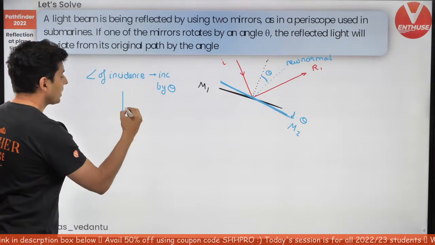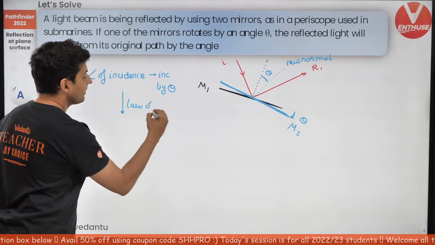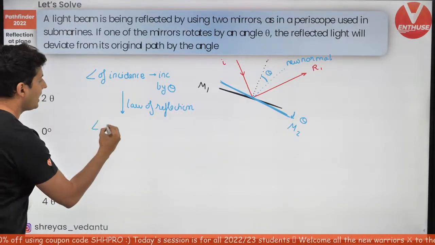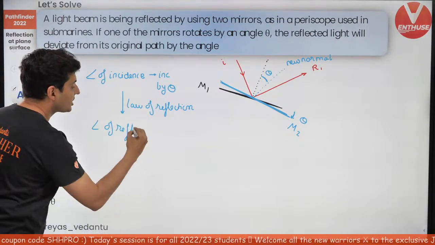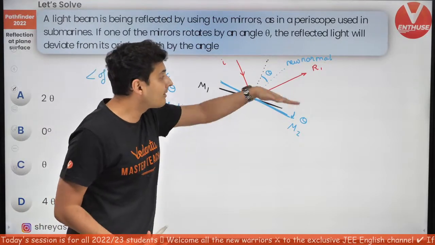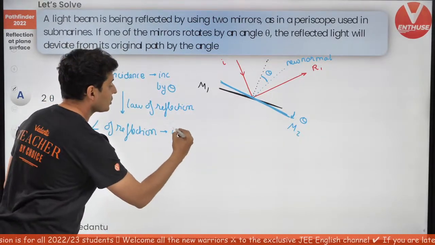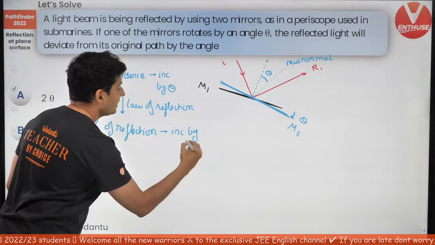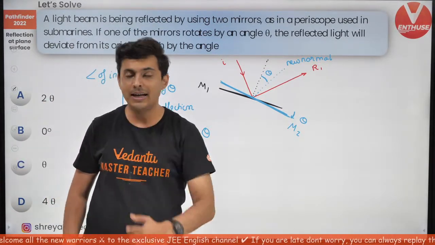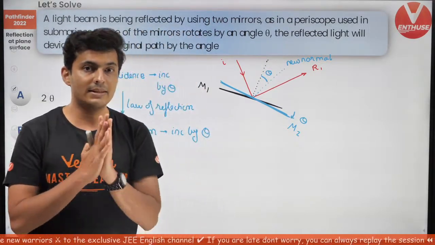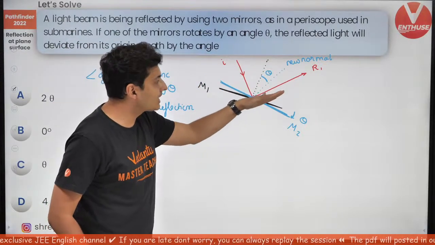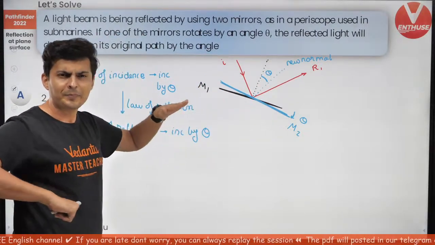So by the law of reflection, what should happen to the angle of reflection? It should also increase by theta. Do you guys agree with that? Pakka? So the angle of reflection will also increase by theta.